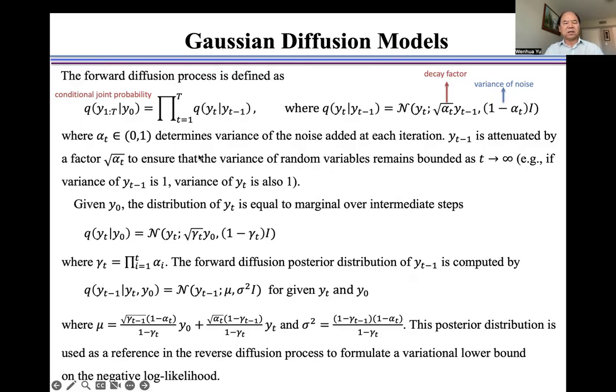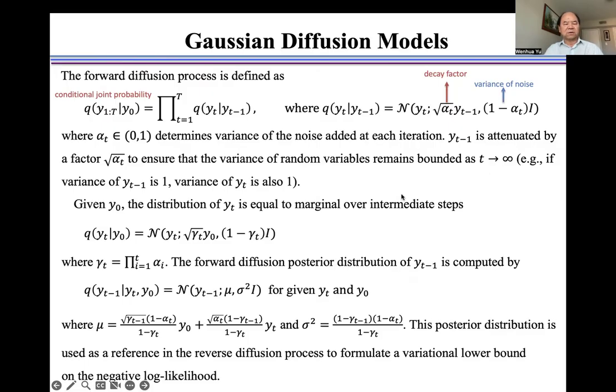Where alpha t determines the variance of the noise added at each iteration. Yt minus 1 is attenuated by a factor root alpha t to ensure that the variance of random variables remains bounded as t tends to infinity.